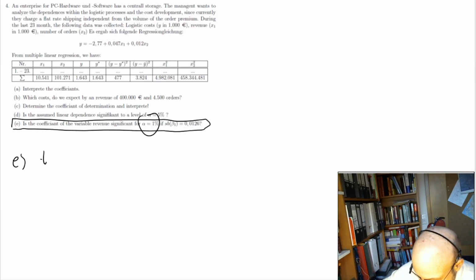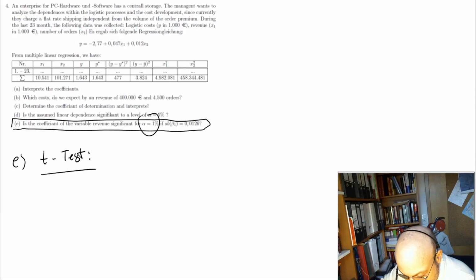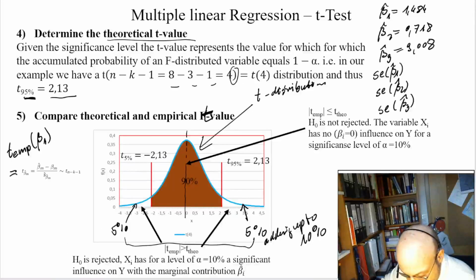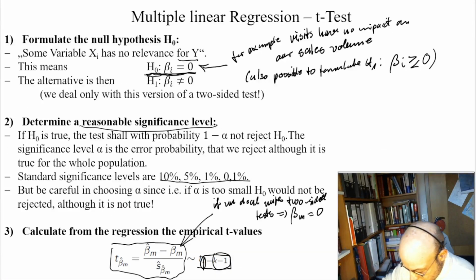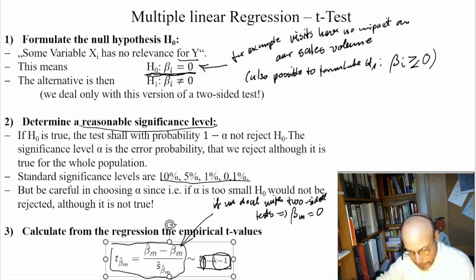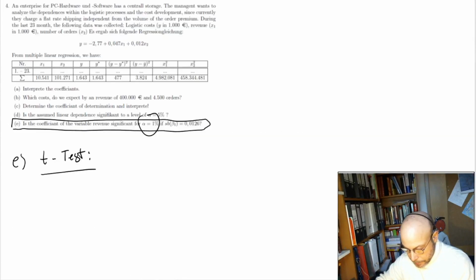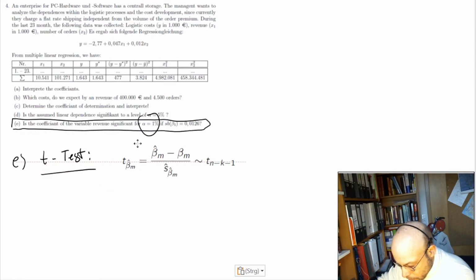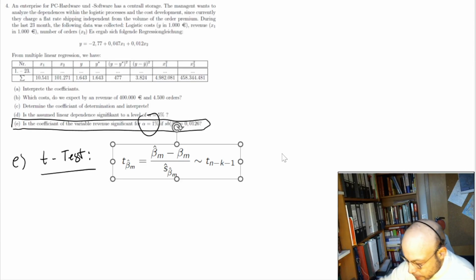E is the t-test, and for this we have to choose this one. And there I told you that we always do only the two-sided tests.